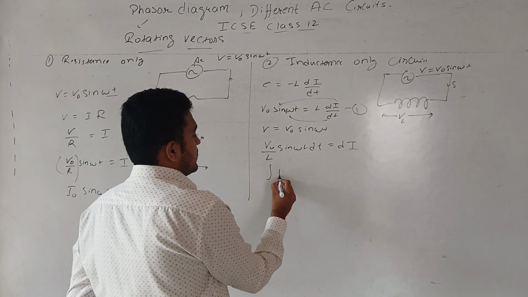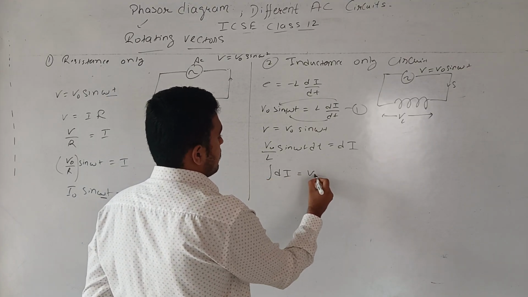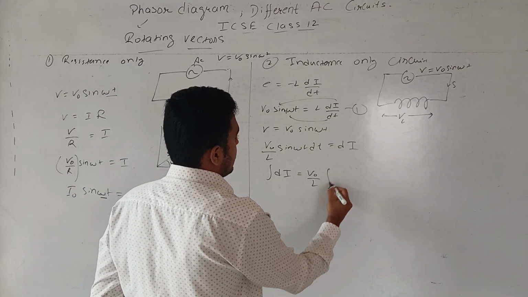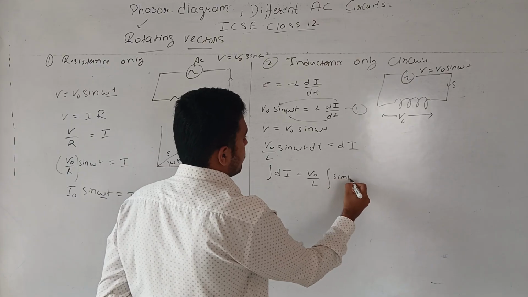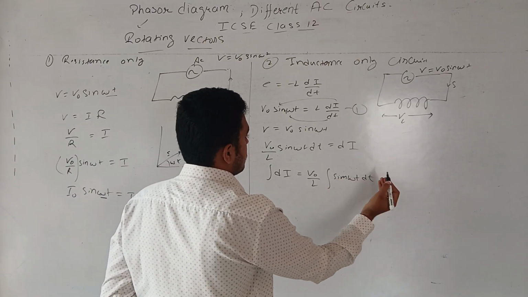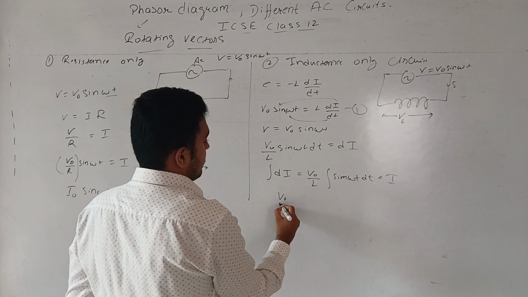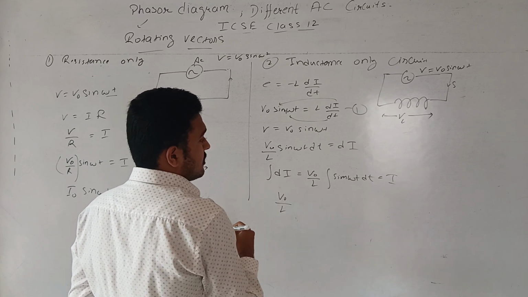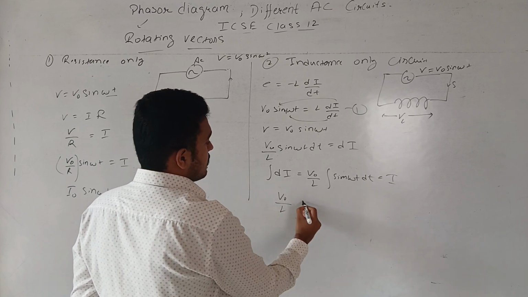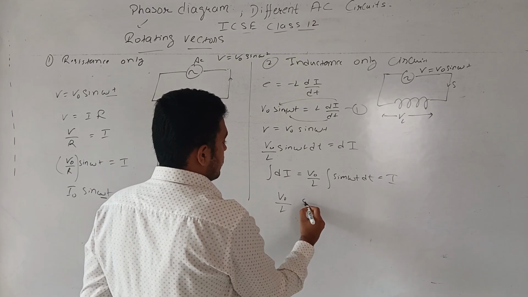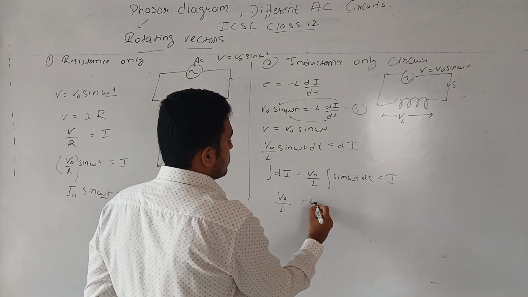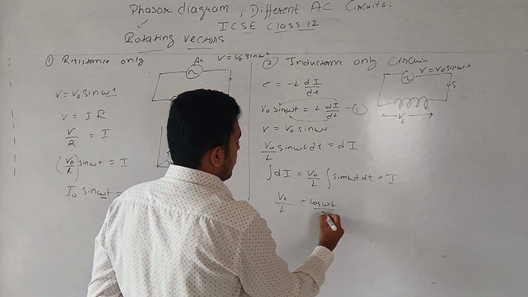So the current is the integration of di, which is V naught by L into the integration of sin omega t dt, equal to I. The integration of sin omega t is minus cos omega t divided by omega.